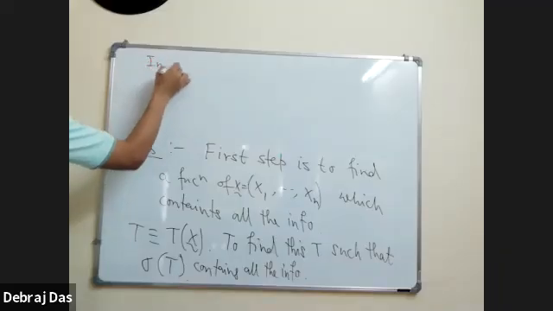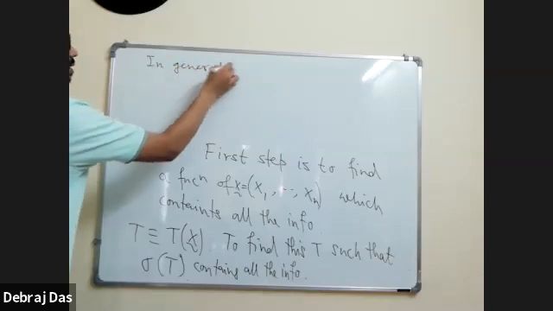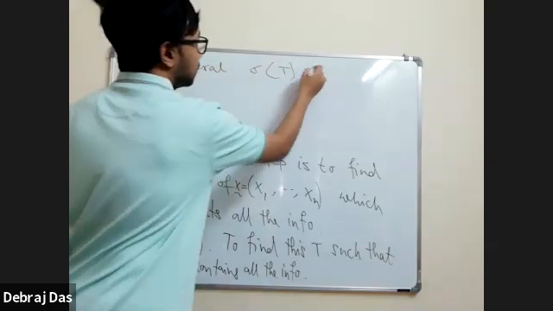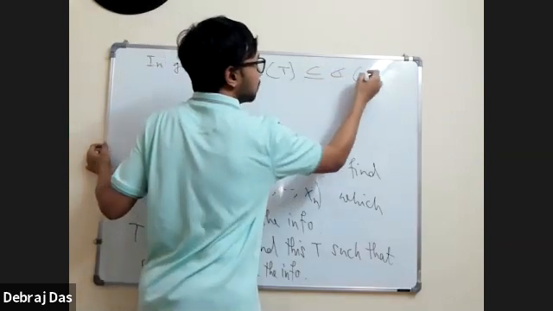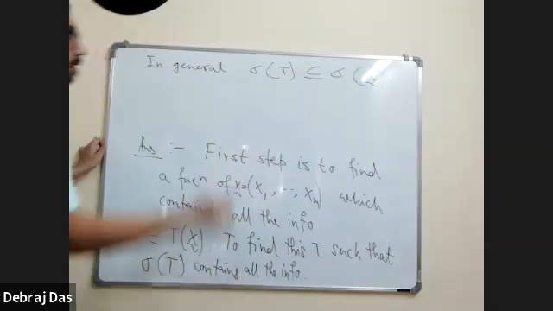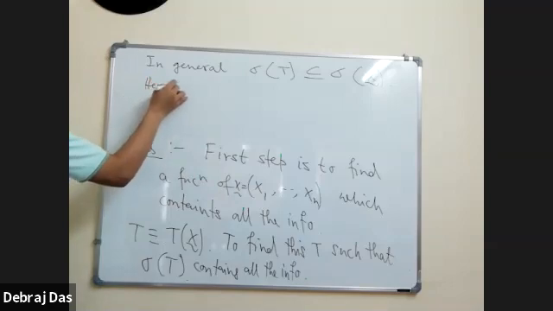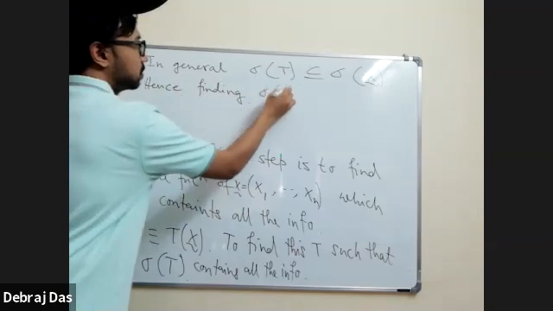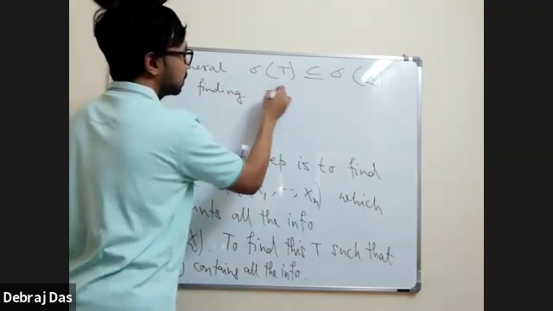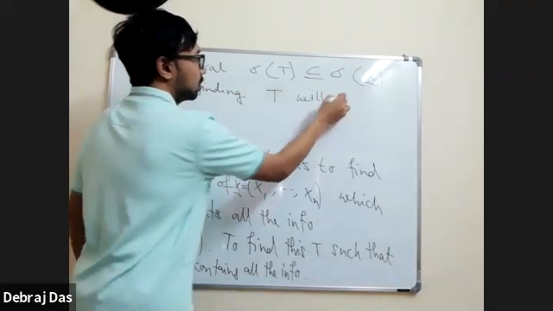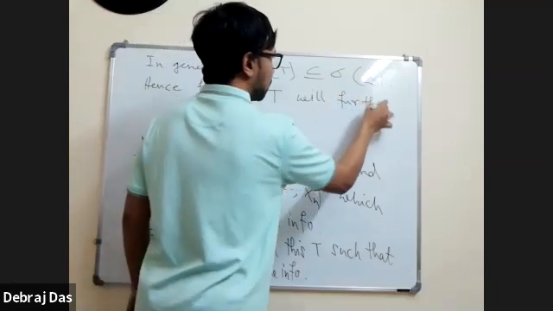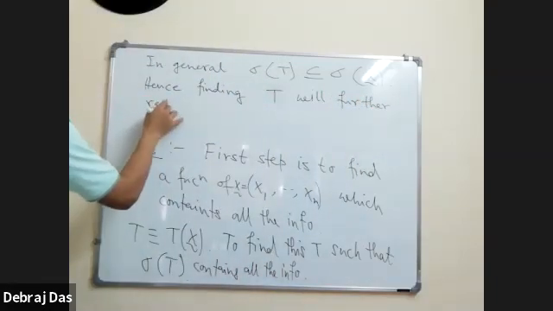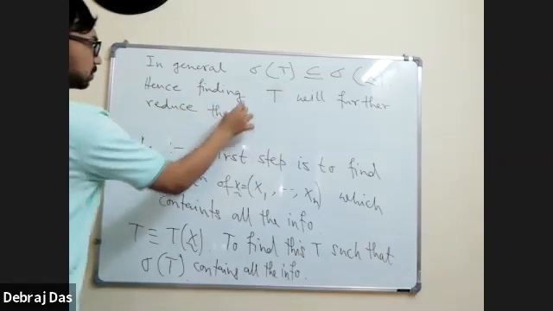Thank you. So in general, this sigma of T is a subset of sigma of X curve. Hence, finding sigma of T will further reduce the problem of inference.